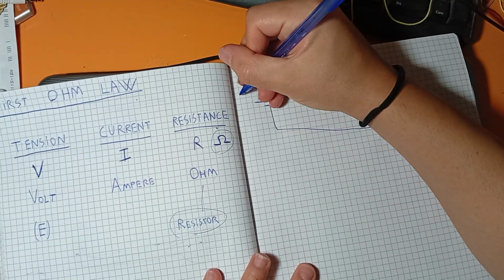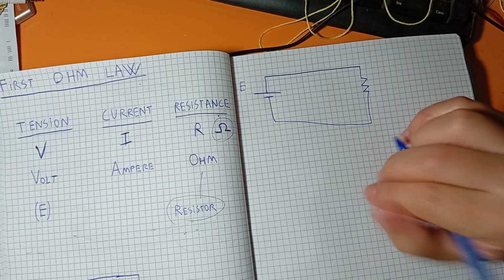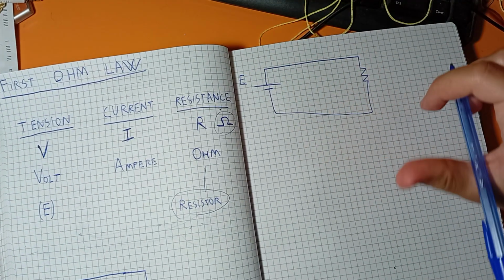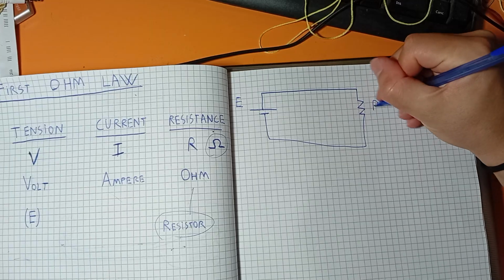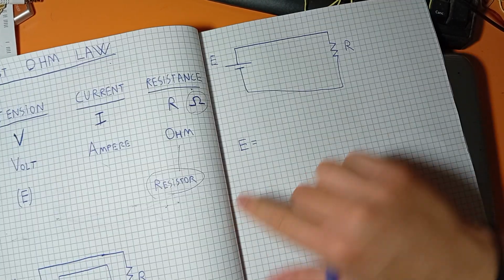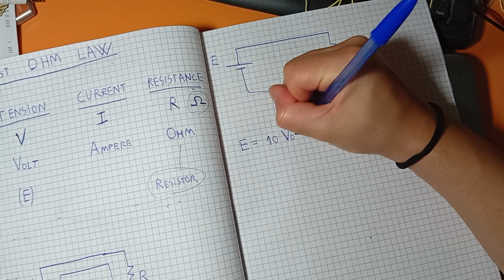Well, in this case, the generator, let's point it with an E. Maybe it's more correct to use an E, yes. This generator and this resistor, let's say the generator got a tension of 10 volt.